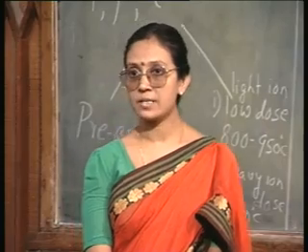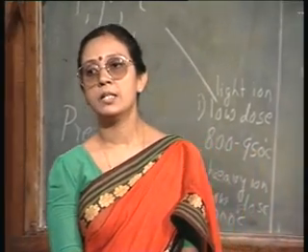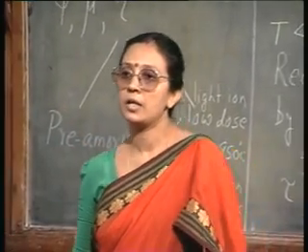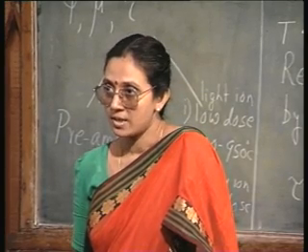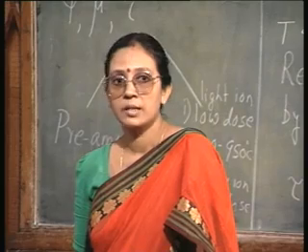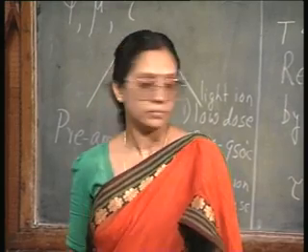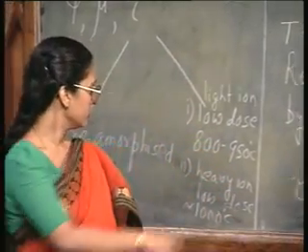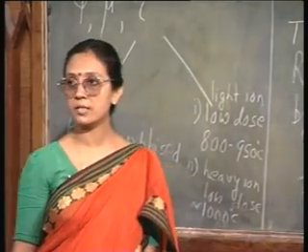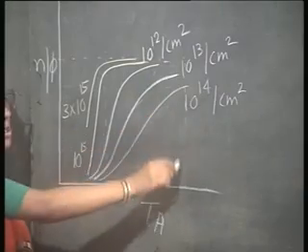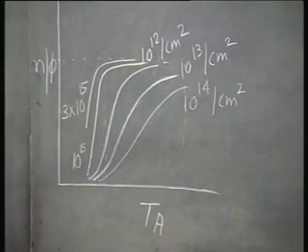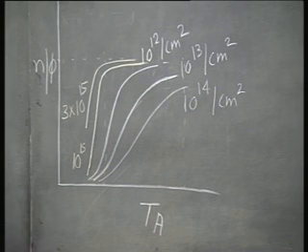So, in that case, the annealing schedule depends entirely on the dose. The lighter dose gets annealed faster, the heavier dose gets annealed later. Okay. So, by 1000 degrees centigrade, everything will get annealed out. This is what we see. This is at around 800 to 900 degrees centigrade. So, by 1000 it gets completely annealed out.